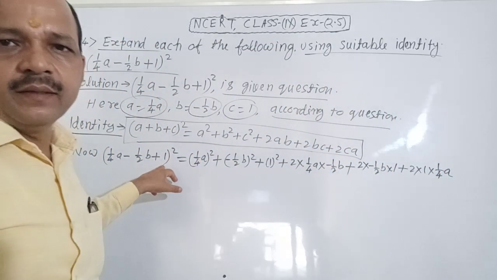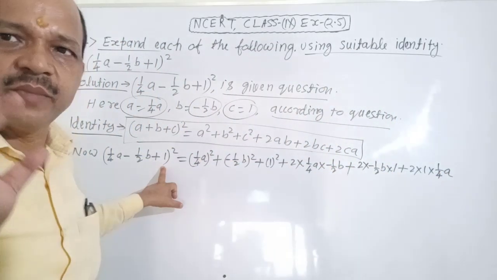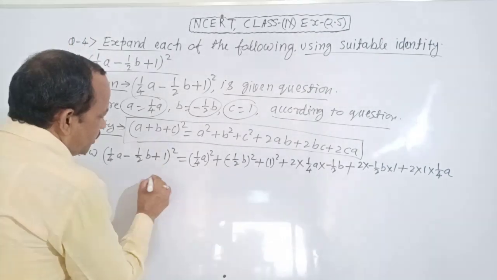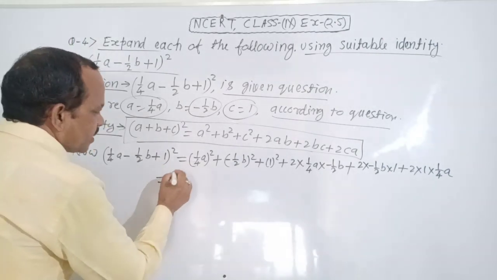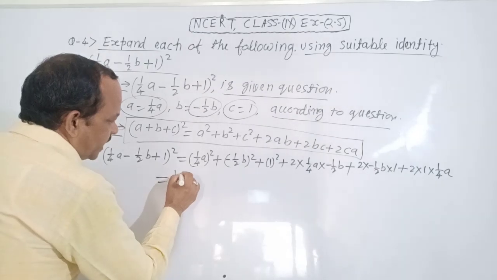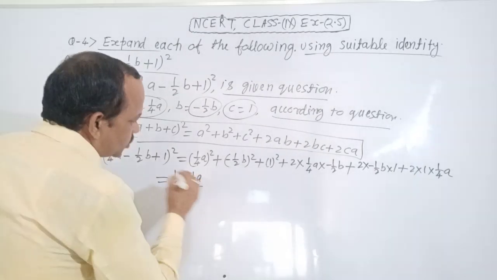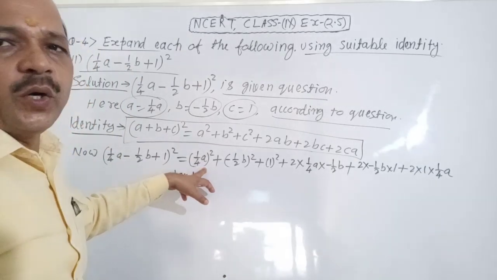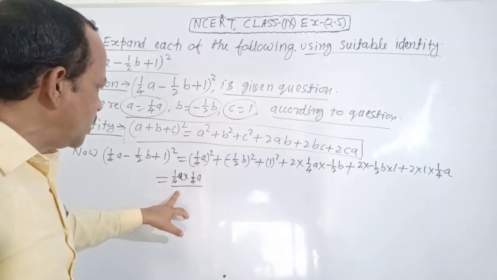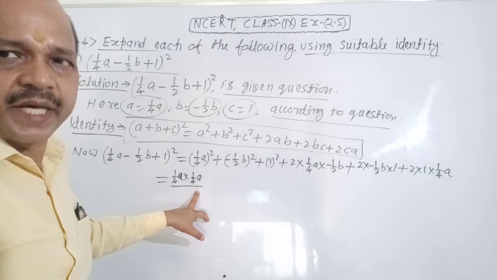Is it clear? Very good. Now you can write (1/4a) square means 1/4a multiply 1/4a, 2 times.